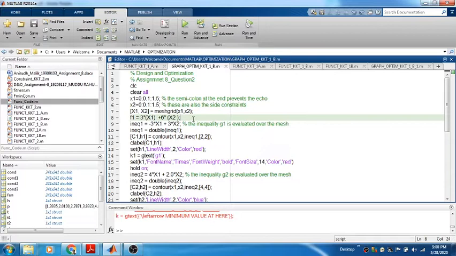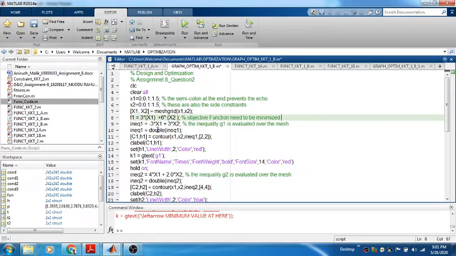I can write it here so that you can understand: this is the objective function, and it needs to be minimized.